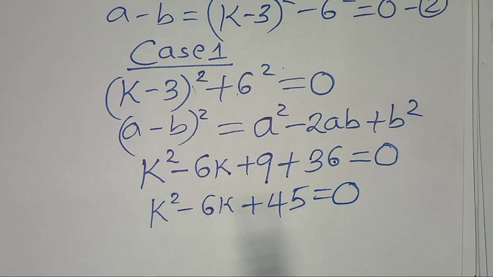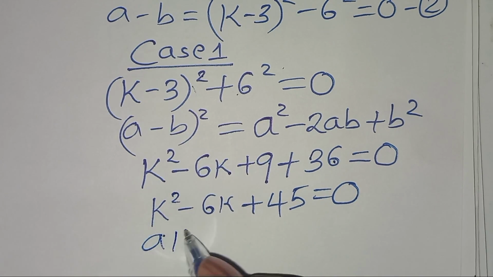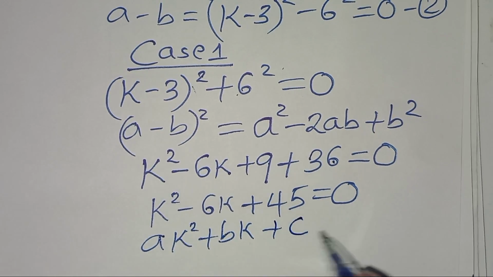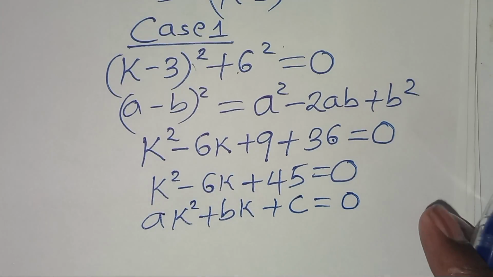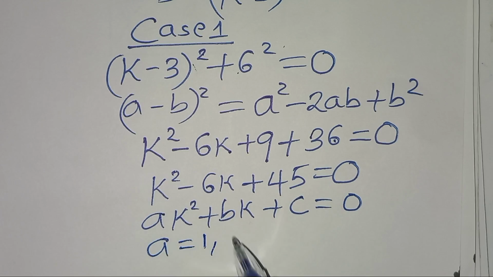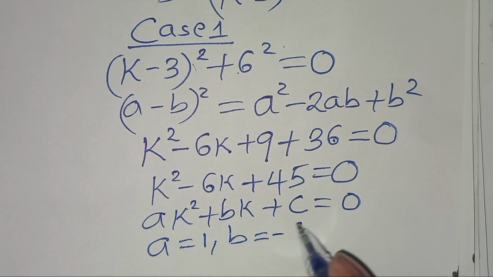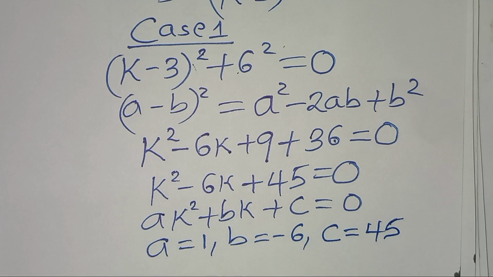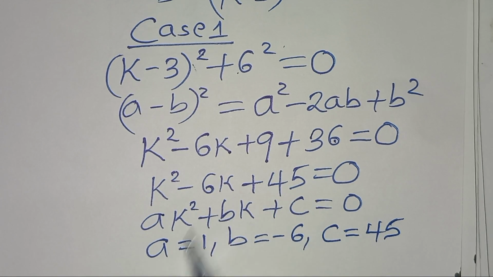Now this is a quadratic equation of the form ak squared plus bk plus c equal to 0. Now from this quadratic equation, a is equal to 1, b is equal to -6, and c is equal to 45. So let's solve for the values of k in this quadratic equation by applying the quadratic formula as follows.